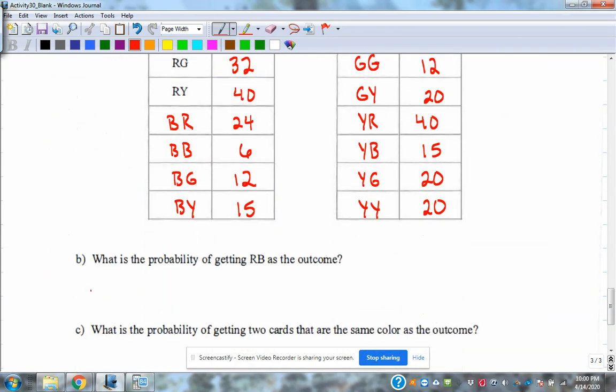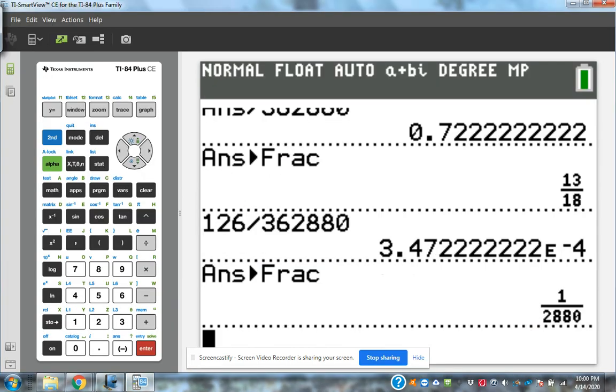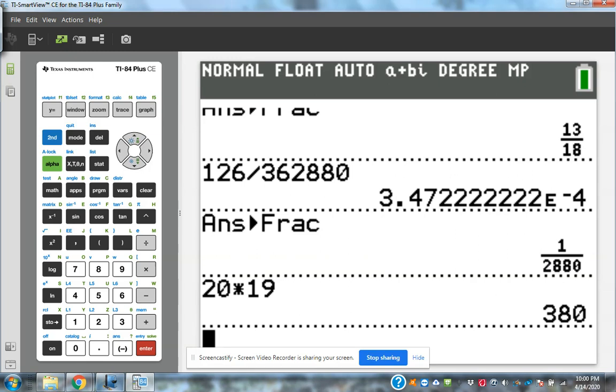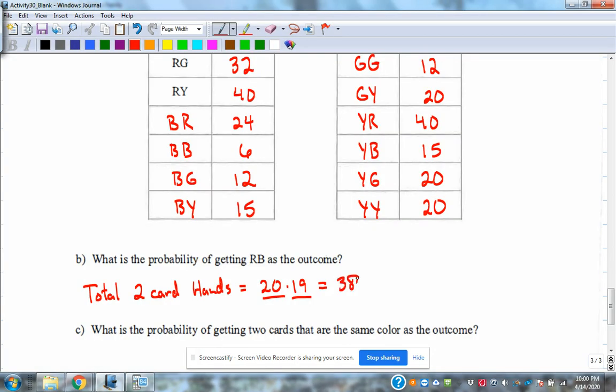So total hands would be 20 for the first one. Without replacement, it'd be 20 times 19. I know my 19 times tables. 380 total 2-card hands.